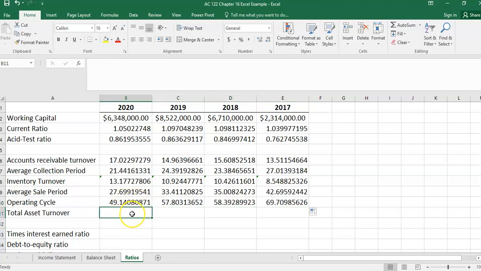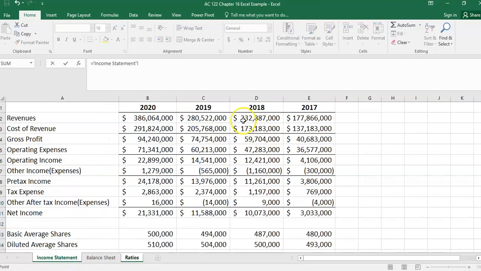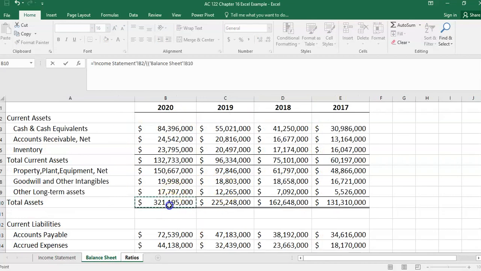Total asset turnover measures how efficiently we use assets to generate sales. So that is net sales divided by average total assets. So we go to the income statement and we take revenues. We divide that by, remember, average total assets, which is total assets from 1 year plus total assets from the previous year divided by 2.